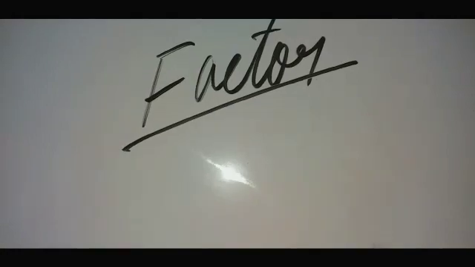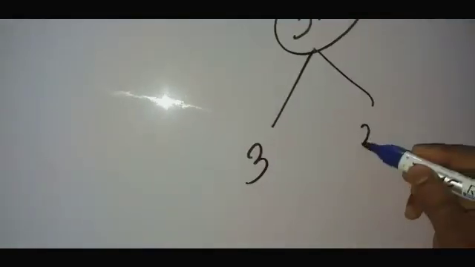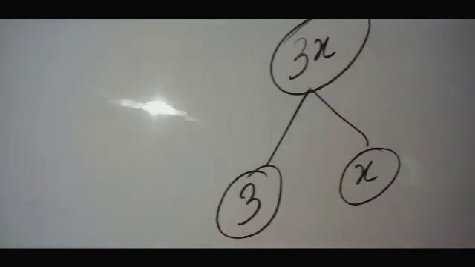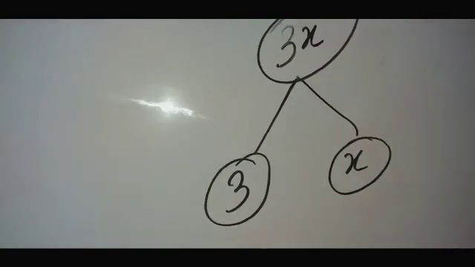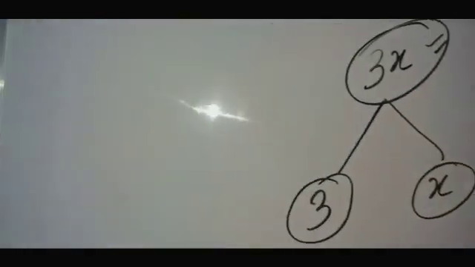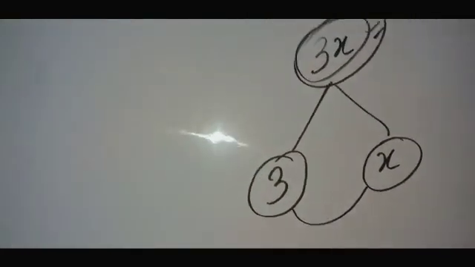So the quantities multiplied are called the factors of the product. As for example, 3x is our product and its factors are 3 and x. We multiply 3 with x. 3 is constant and x is variable. Then the result is 3x. It is known as product, and 3x is factorized into 3 and x. These terms are known as the factors of 3x.